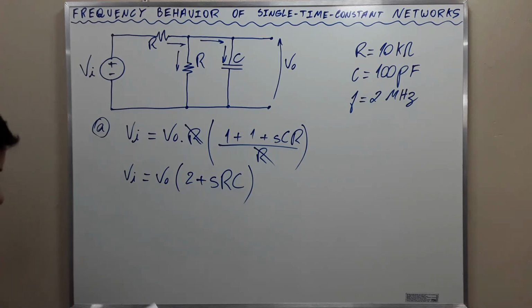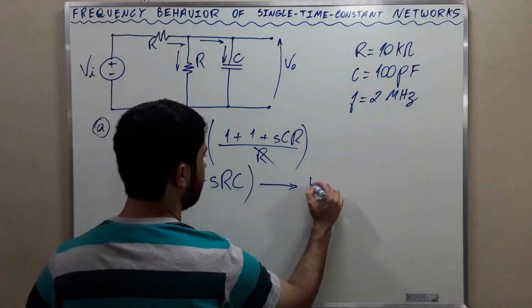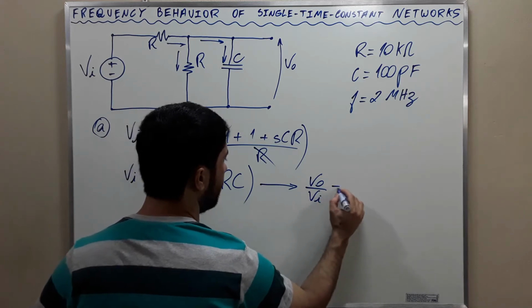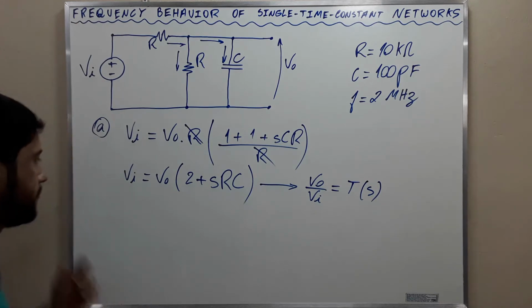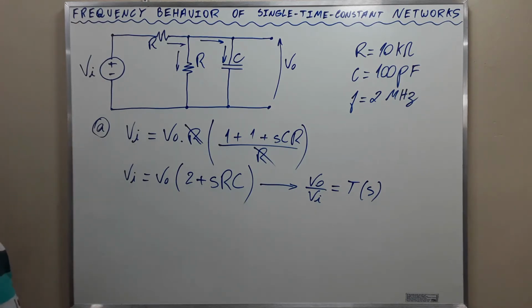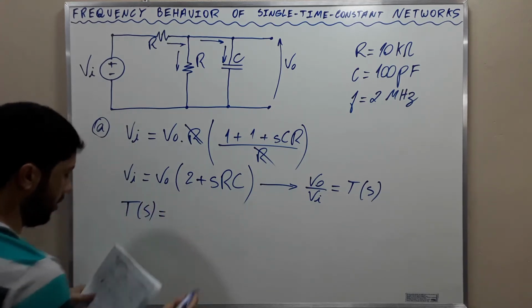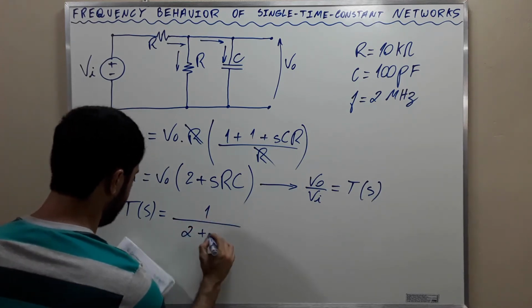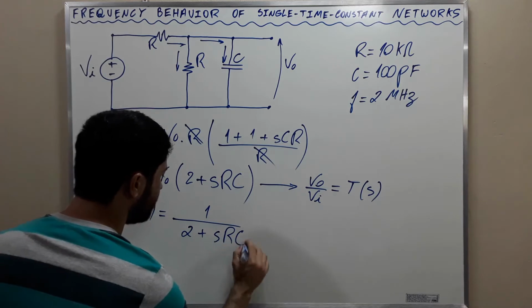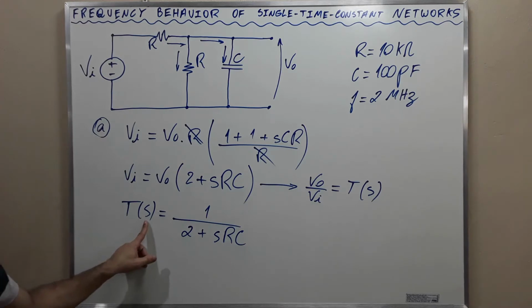What we need to do is to write it in this way, V0 divided by VI, which is the transmission with respect to S. T of S is then equal to 1 divided by (2 plus SRC). This is the transmission as a function of the complex variable.